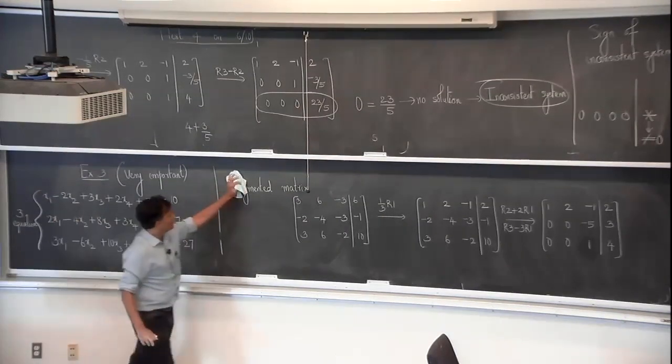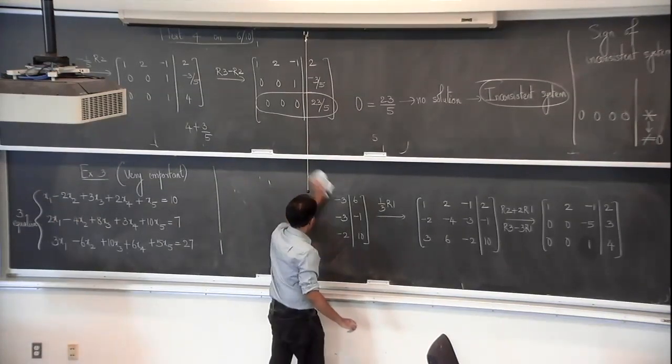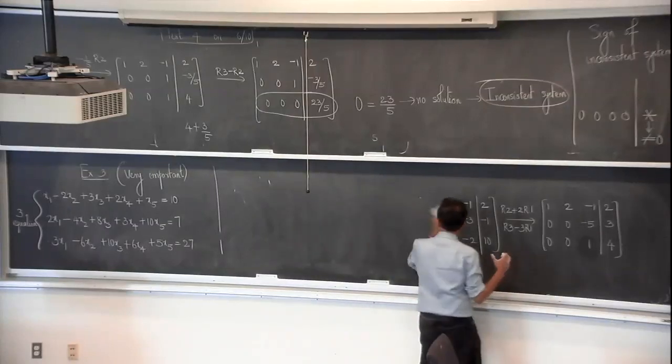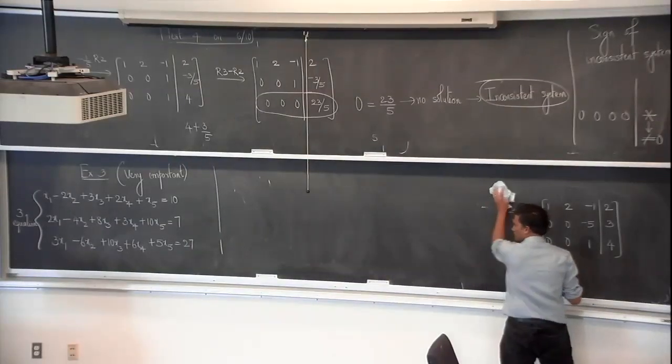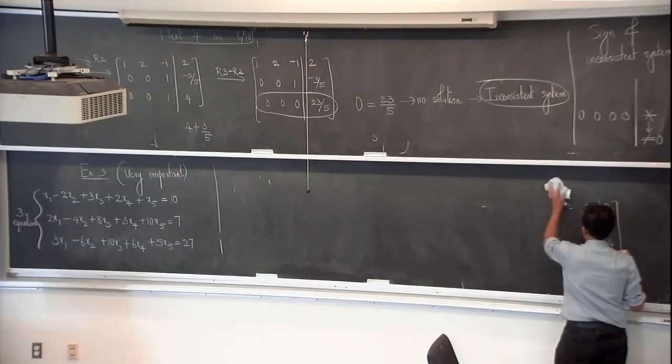So let's write the augmented matrix, which can be a little bit lengthy now because there are 5 columns. Remember that the variables are columns, the equations are rows.